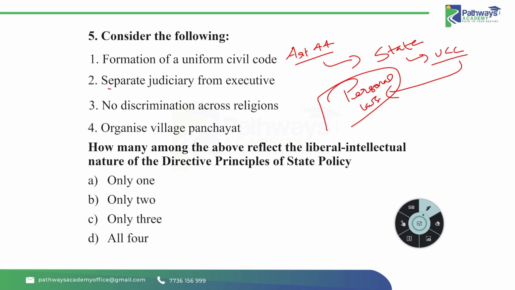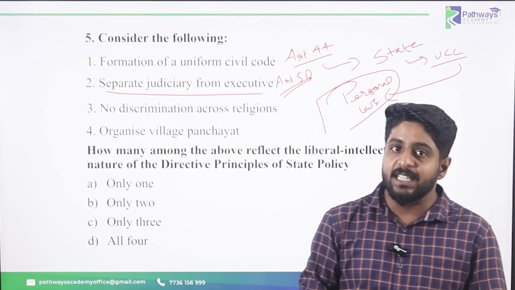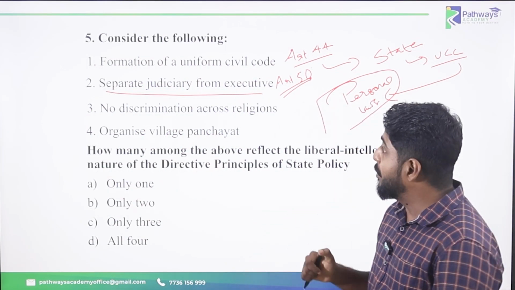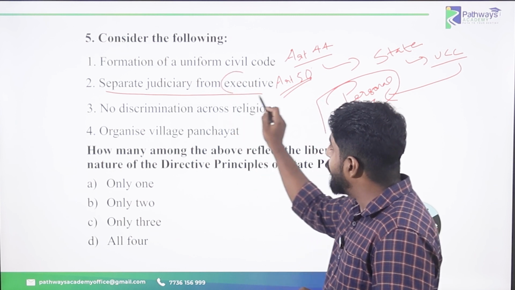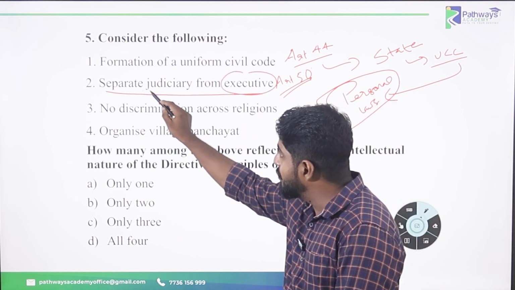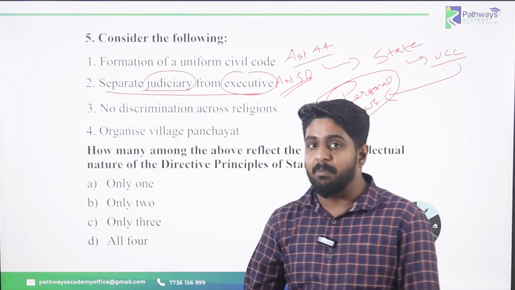Number 2, separate judiciary from executive. Very good. We are speaking about article number 50 of the Indian Constitution, which says that the state, you please take action to separate the executive wing of the government from the judiciary in public services.